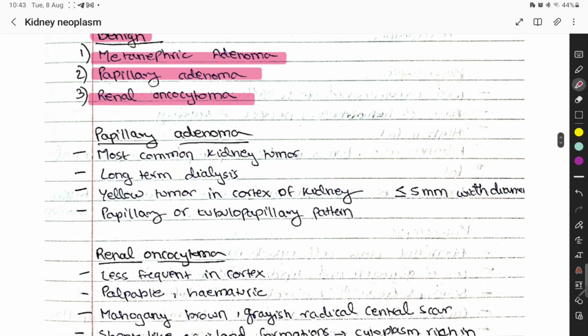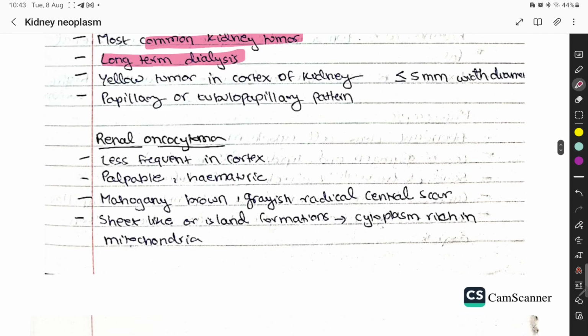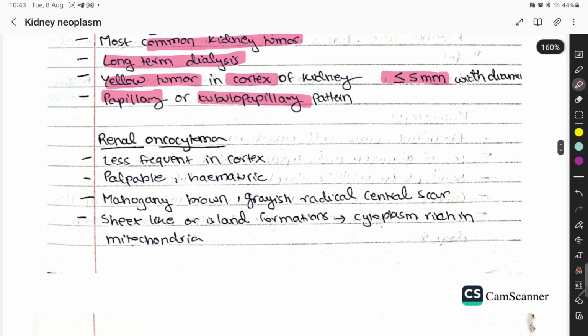Okay. Papillary adenoma is the most common kidney tumor, and it is due to long-term dialysis. Okay, it is a yellow tumor in the cortex of the kidney, less than 5 millimeters in diameter. It is either papillary or tubulopapillary in pattern.